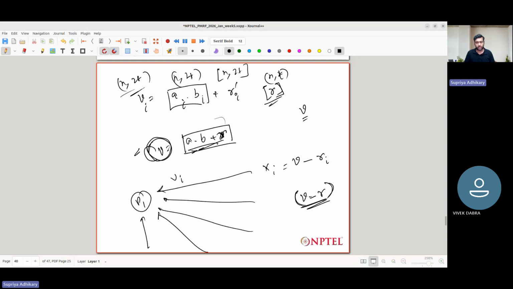To generate the shares of V minus R, they just compute Xi equals V minus Ri.